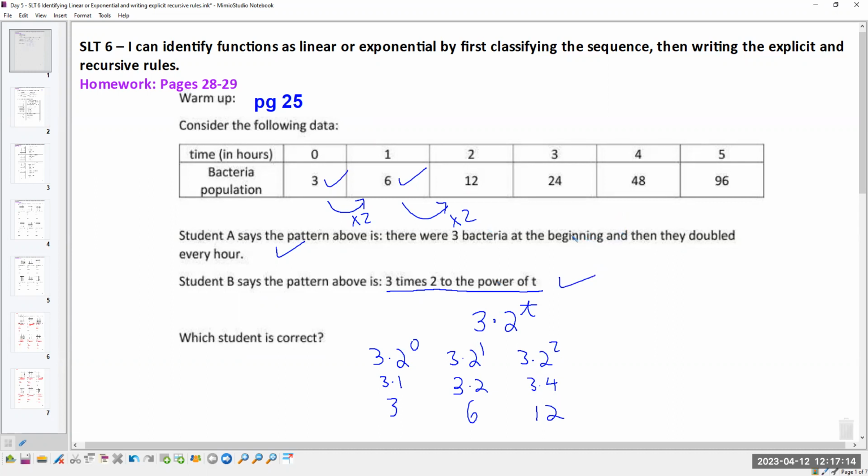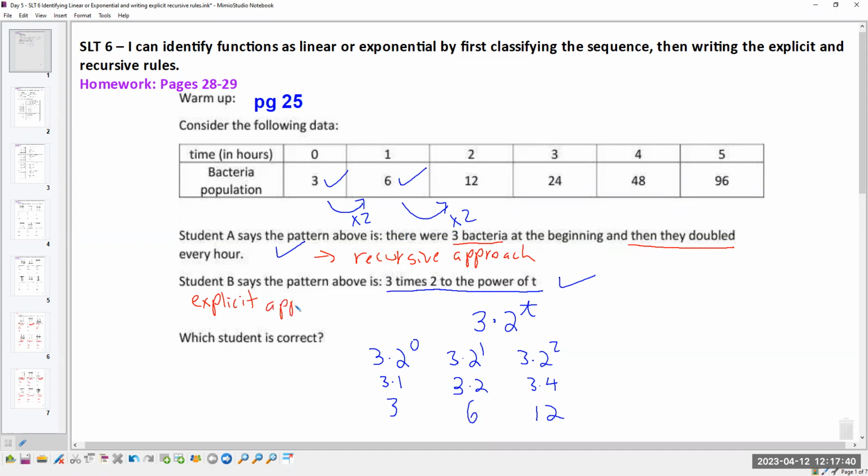The difference is that student A, we say, took a recursive approach. And what that means is that they found the pattern and they described the beginning amount, and then they described what the pattern is. Student B took what we call an explicit approach.